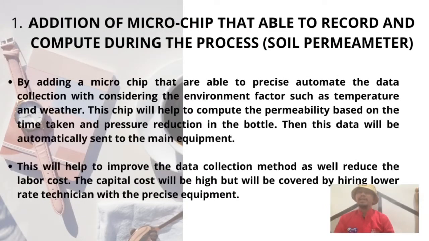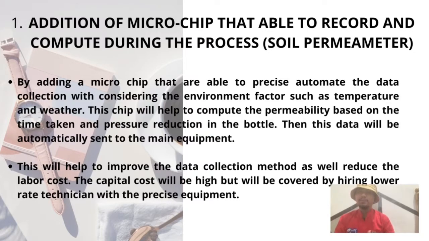However, by adding a microchip or system into the equipment itself, we are able to automatically operate the tool to collect data with high precision, with additional features such as collecting the surrounding temperature and the weather as well. I believe we will improve the findings of the experiment itself.